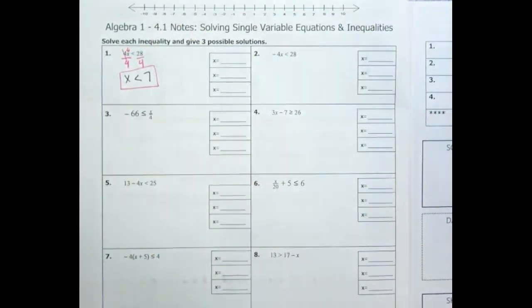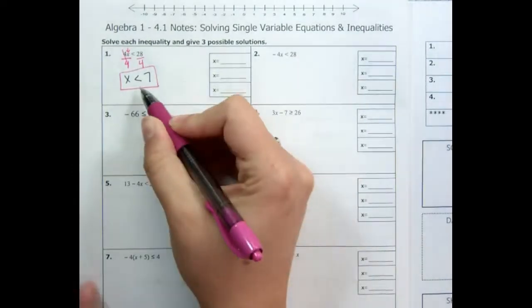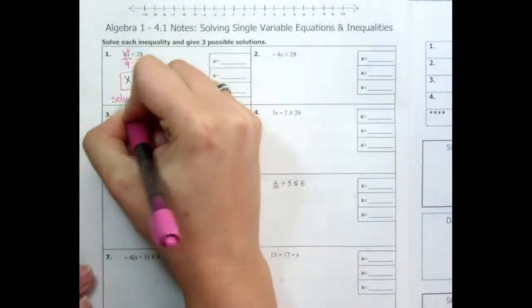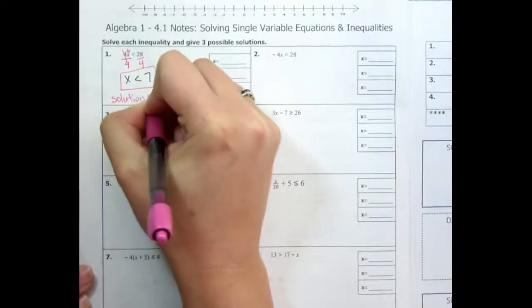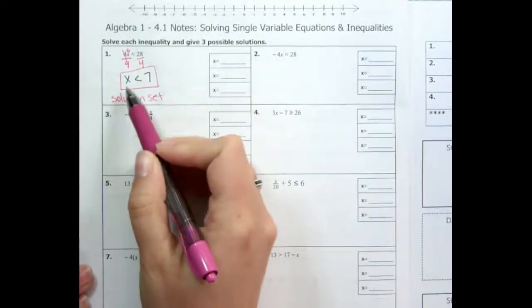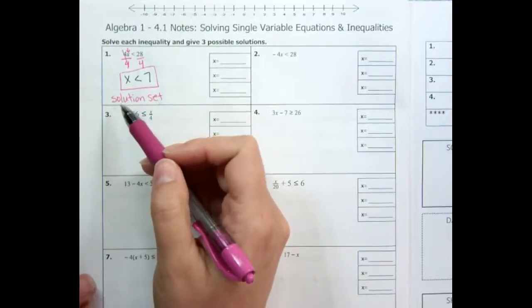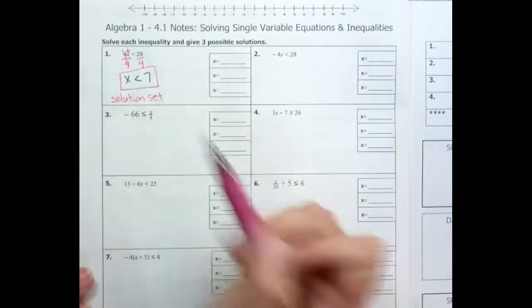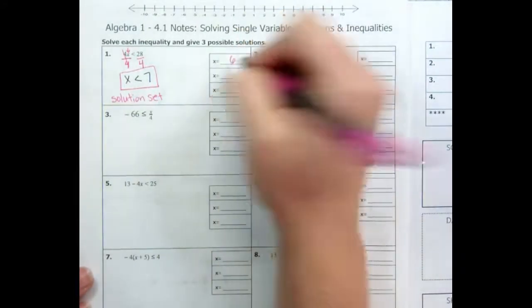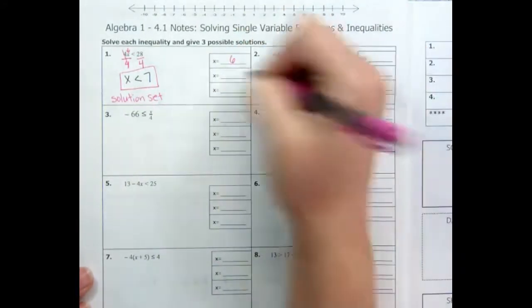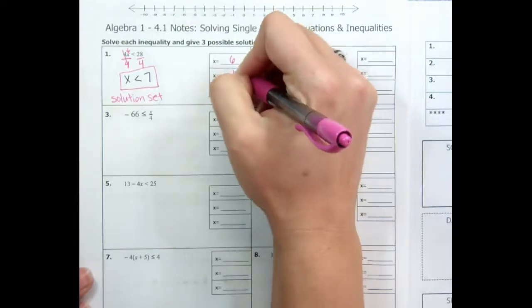So there's my solution. This is called my solution set. Meaning any number less than 7 works. Nothing greater than 7, and not the number 7, but anything less than 7. So the number 6 works. The number -15 works.